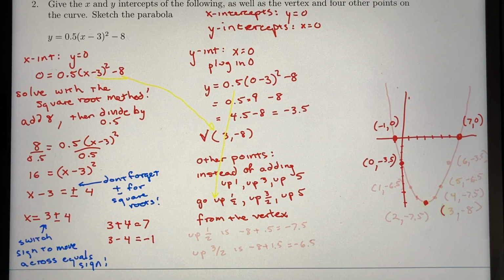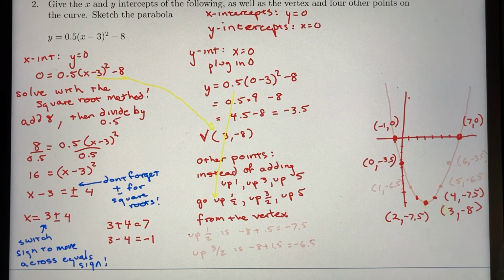Okay, so if I start at 3, -8, up a half is up to -7.5 on either side. So 2, -7.5 and 4, -7.5. And then up 3 halves.